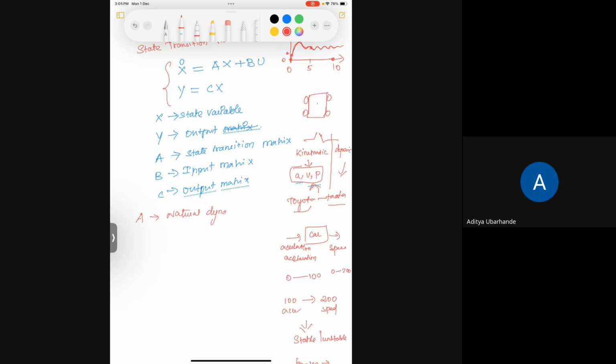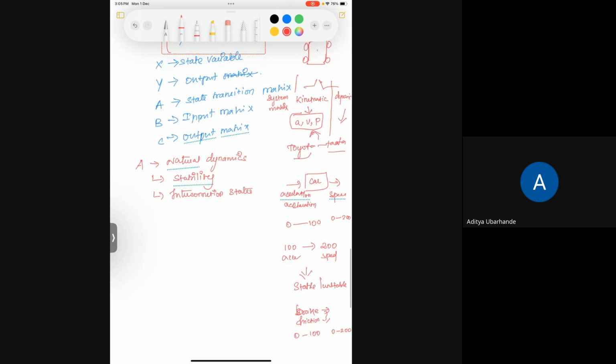Most of the information about the natural dynamics of the system lies in the A matrix, and this is also responsible for stability. We will analyze this matrix if we want to find whether the system is stable or not. So this tells the interconnection between the states, how the states evolve, because this is a system matrix or a state transition matrix. It tells about the system.